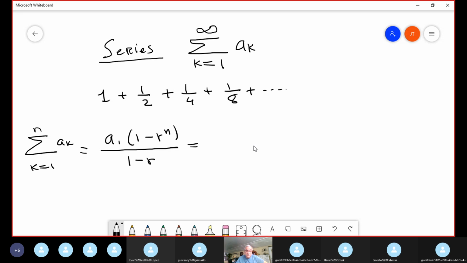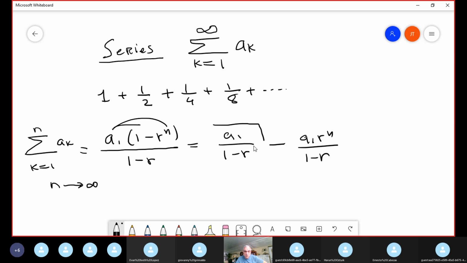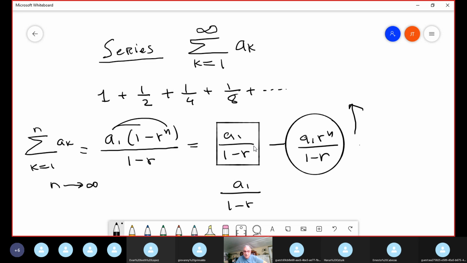And you separate this in two pieces: A1 over 1 minus R, because I factored, minus A1 R to the m over 1 minus R. Now I want to suppose that m approaches infinity, a huge number. This element does not depend on m, it stays the same. But this element, is it increasing or decreasing? Increasing or decreasing, depending on R.